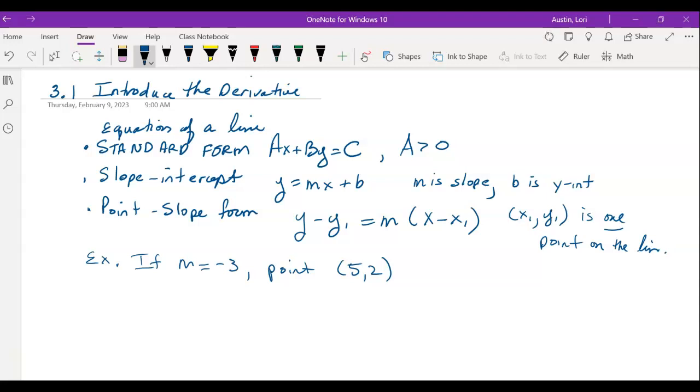How you want to start is with your y minus y sub 1 equals m times x minus x sub 1, and you plug in what you need. So my point is (5, 2). So you start with y minus 2, slope's -3, x minus 5.